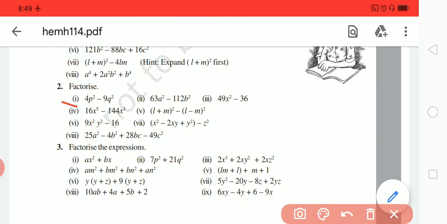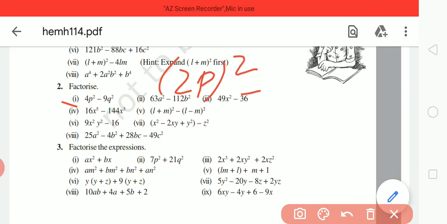This is part number 1. 4p square minus 9q square is given. So let us rewrite it like 2p whole square minus 9 is the square of 3, so 3q square.